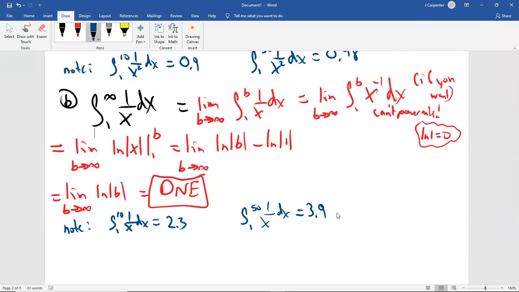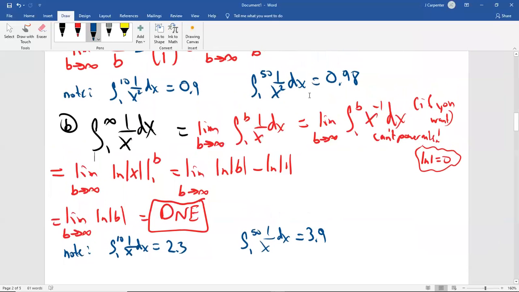The fact that we went from 2.3 to 3.9, changing from a width of 9 to 49, is a clue that this is what we call divergent, especially if you compare it to the previous example. Look at how close these are to each other, 0.9 versus 0.98.